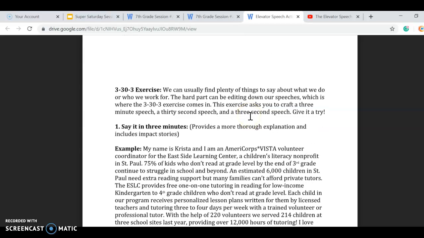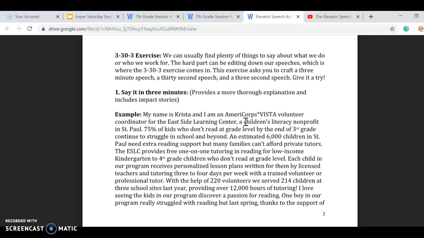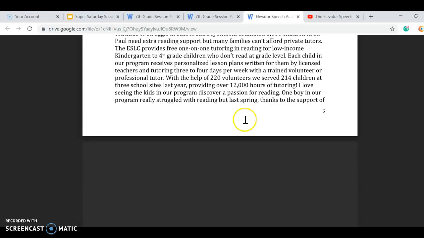They have three different short writing prompts where they're going to craft a 3-minute pitch, a 30-second pitch, and a 3-second pitch.